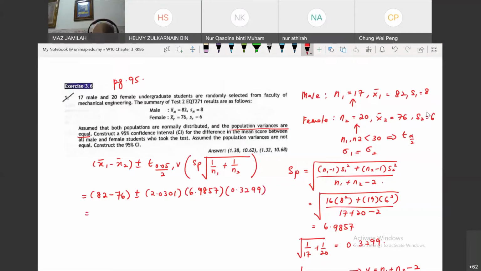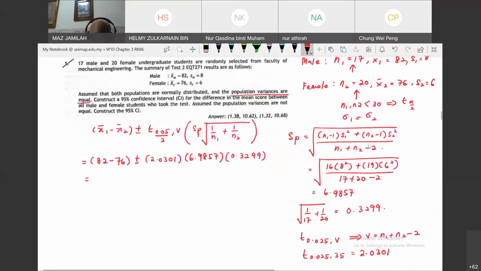So your answer would be 6 plus minus. If you calculate this together, you will get 4.6785, and then your CI would be 1.3215 until 10.6785.